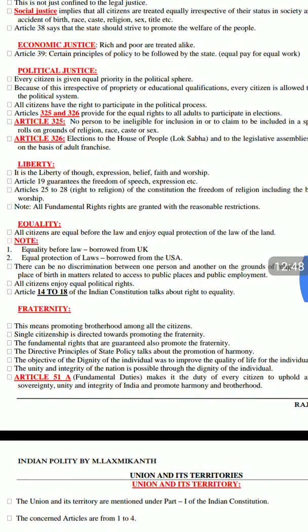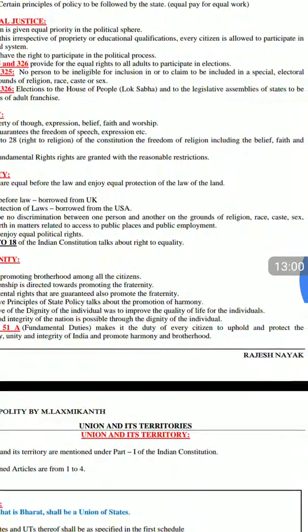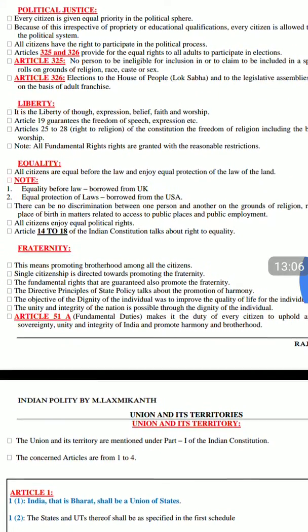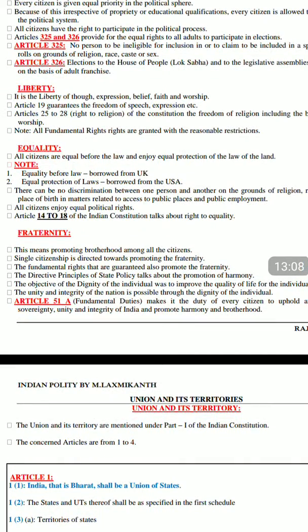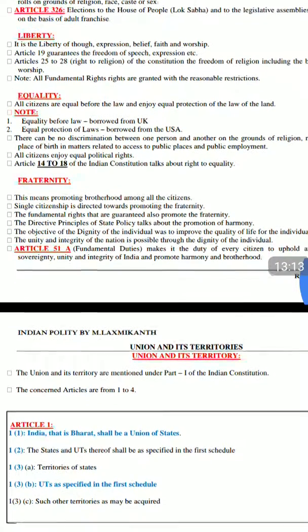Equality before law was borrowed from the United Kingdom and equal protection of law from the United States. There can be no discrimination between people on grounds of religion, race, sex, caste, etc., related to access to public places and public employment. Articles 14 to 18 of the Indian Constitution deal with the right to equality.